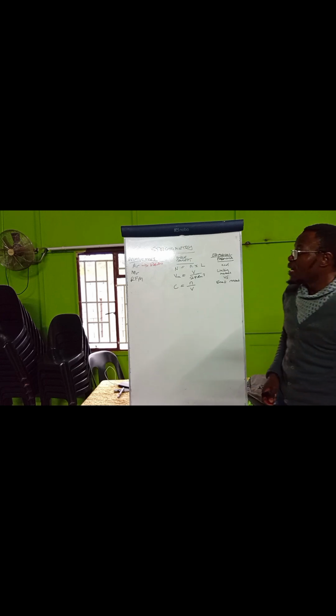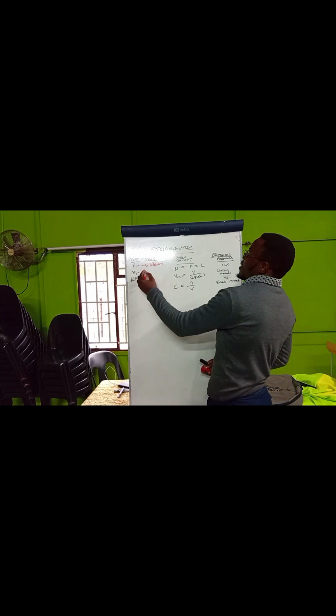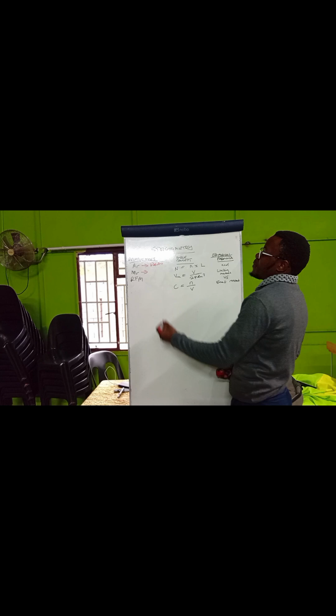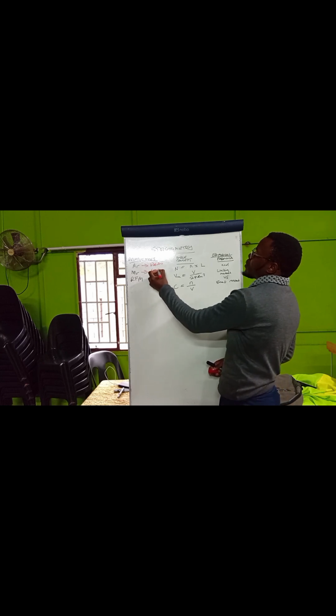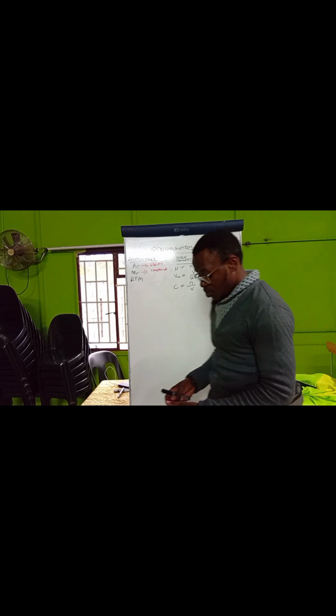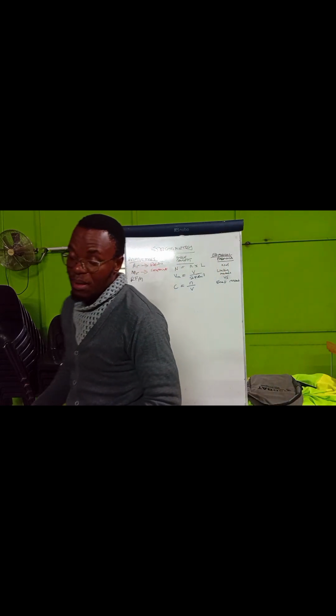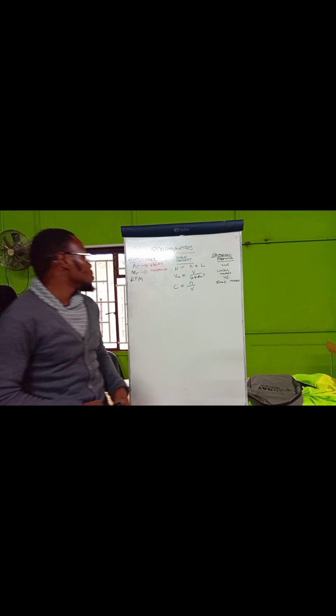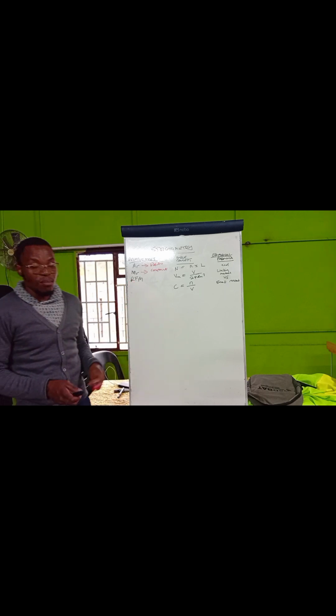Then if you look at the molar mass, now these will mainly be the compounds. So the molar mass is divided into two. You call it the relative molecular mass and also the relative formula mass.